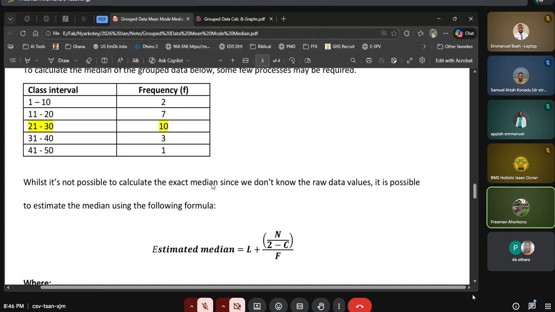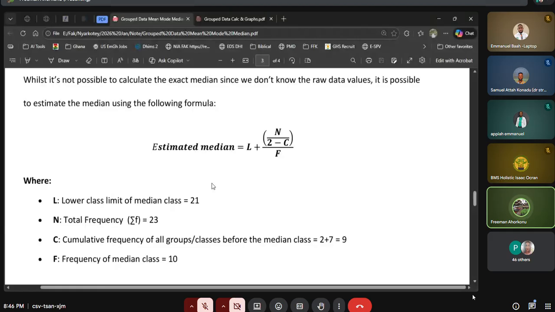So, if this is the median, what do the alphabets, or the variables there, mean? L is the lower class limit of the median class, which means we still have to get what? A class called the median class.